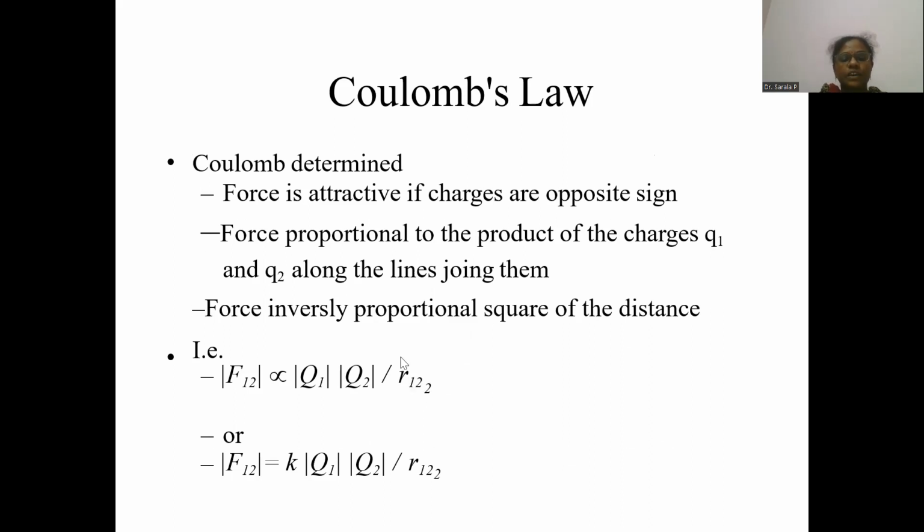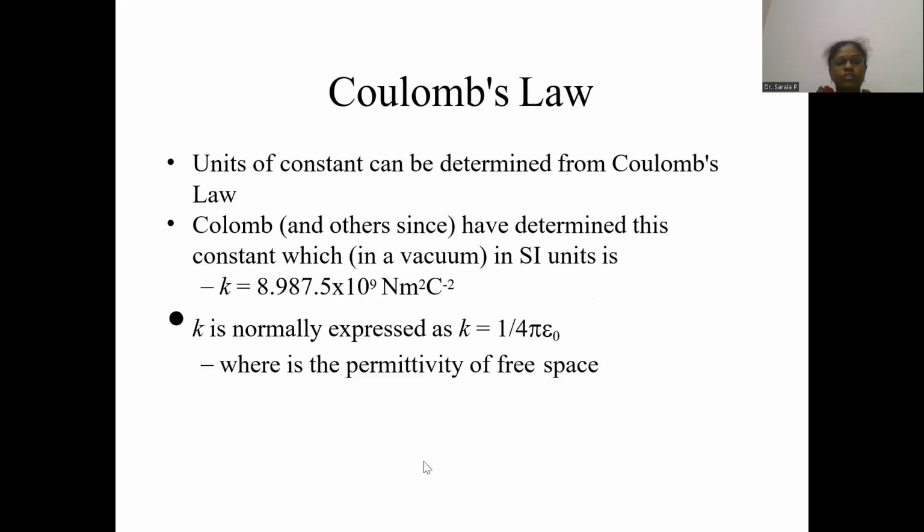If we remove the proportionality sign, then the force is equal to K Q1 Q2 by R12 square. So what is this proportionality constant? The value of the constant can be determined from Coulomb's law.